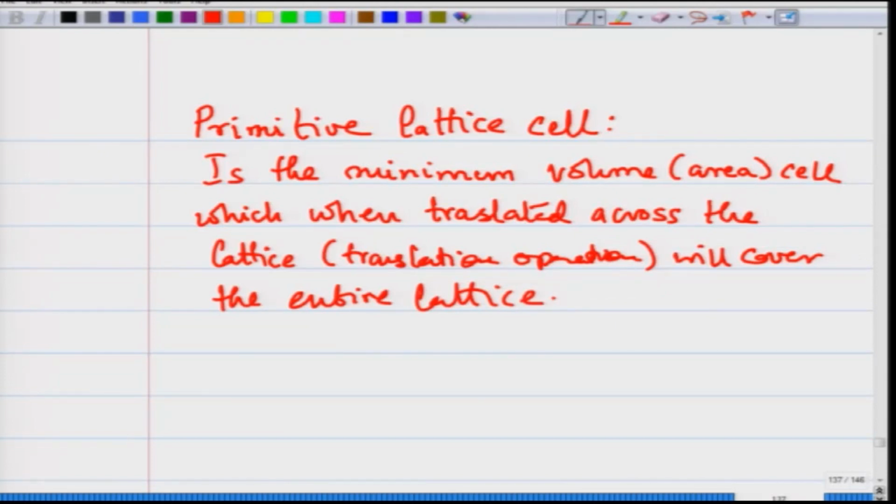So it is the minimum volume or area cell in the lattice which, if you translate it across the lattice, will entirely cover your lattice without leaving any gaps.